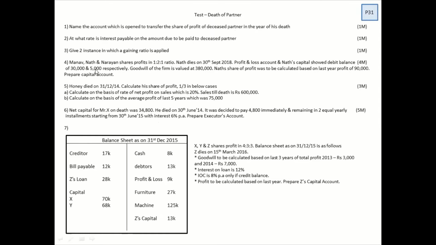So fifth one, fourth one, and seventh one, and as well as first and second, I would like all of it except for the sixth one, which is executor's account. You can attempt, make a PDF and send it to me by email. I will definitely correct it and send it back to you with my comments.